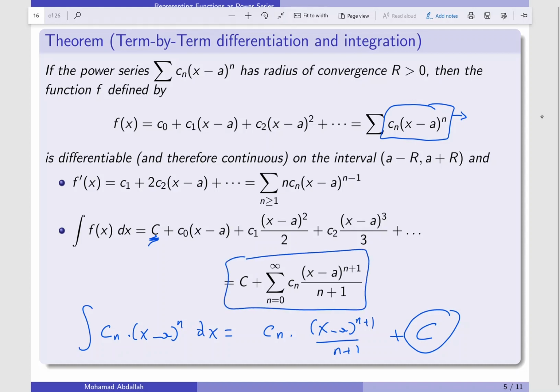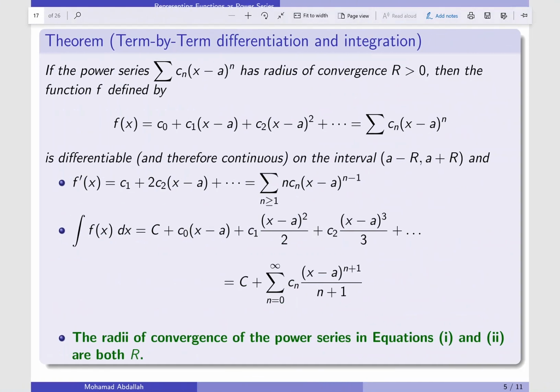So this is equal to the integral of f of x dx, if f of x, of course, is represented by that series. Okay. So this is nice. Now you can integrate and you can differentiate like we used to do.